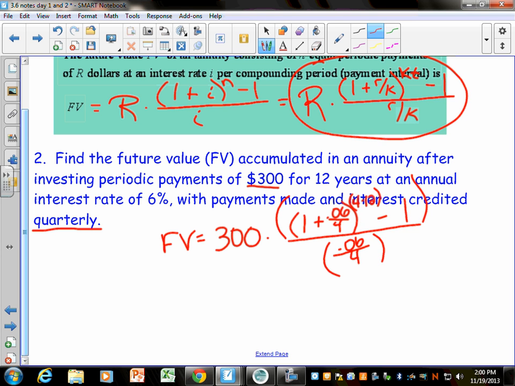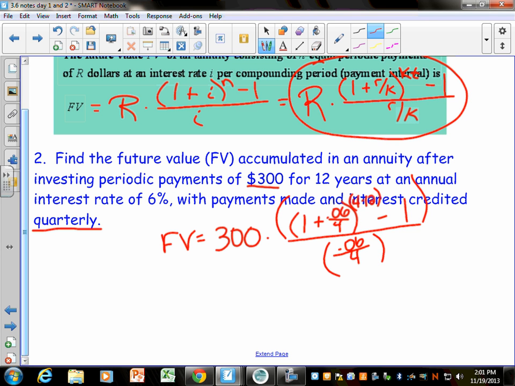I think I used maybe a negative sign instead of a minus. Mine's not working. To the 48th power minus 1, divided by 0.06 divided by 4.